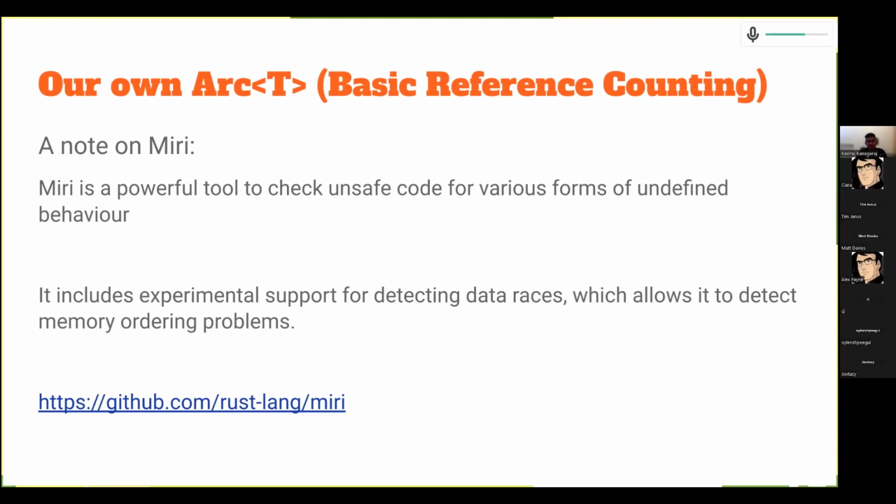So this is kind of like an interpreter which runs your Rust code, and it checks whether all the memory ordering in your unsafe code is being done correctly, right? There is also experimental support for detecting data races, and data races are detected by the happens-before relationship.